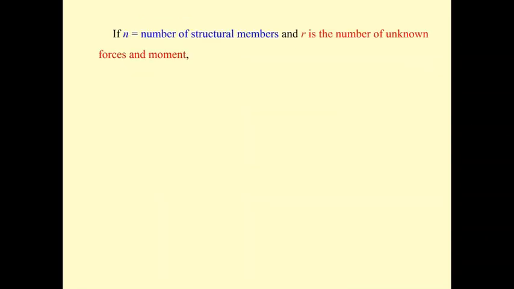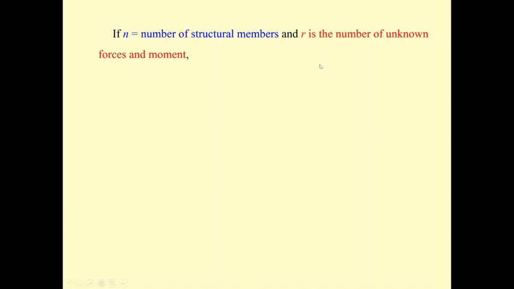In conclusion, one structural member has 3 equations of equilibrium. So if we have n structural members, we're going to have 3n equations of equilibrium. That is the number of equations.